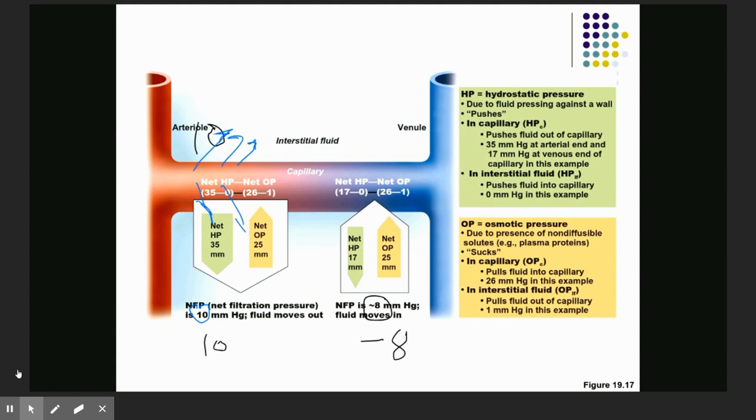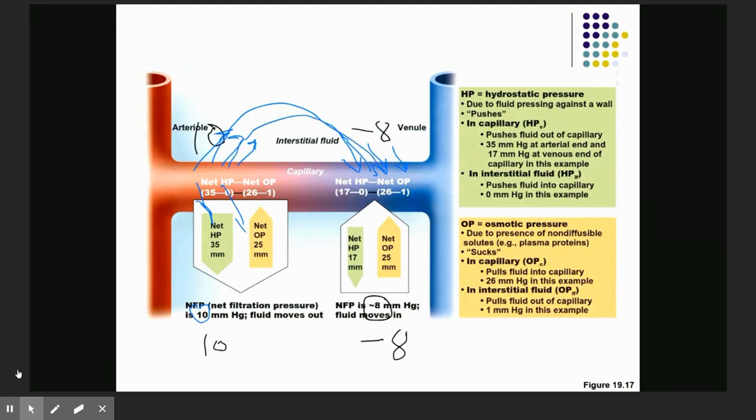What's fluid going to do? Is it going to filter? Or is it going to be absorbed? It's going to be absorbed. So fluid is going to come back in on this end. And so look what happens. Fluid goes out on one end and fluid comes back in on the other end.